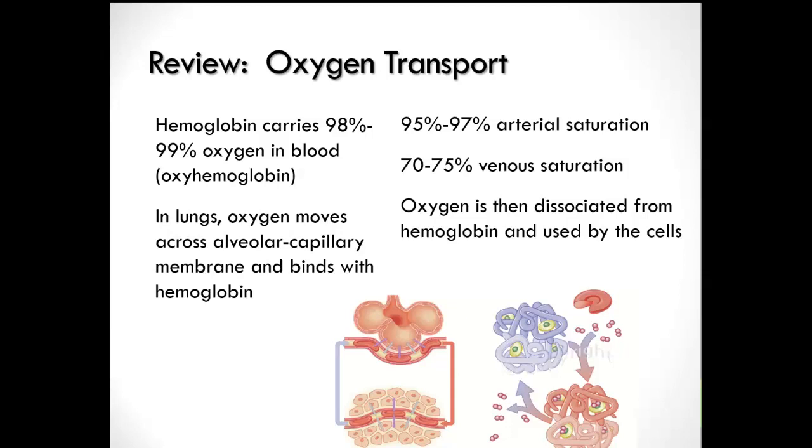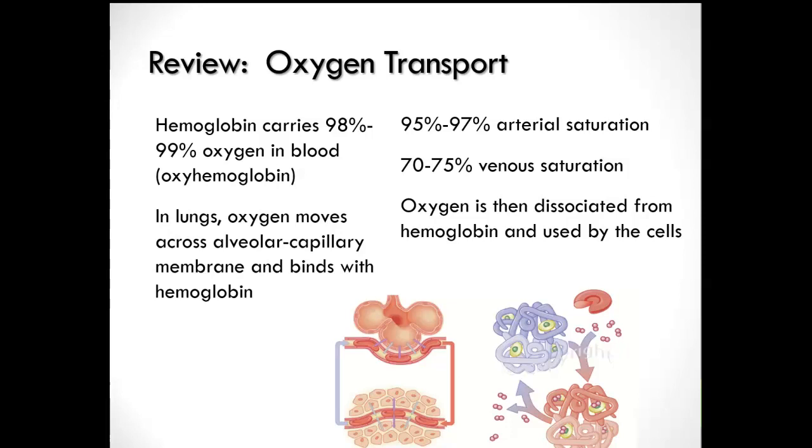Okay, so just to review, hemoglobin carries 98 to 99% of the oxygen in the blood, and that gives us about a 95 to 97% arterial saturation and a 70 to 75% venous saturation. When we're using an O2 sat monitor in the hospital, we're measuring arterial saturation.